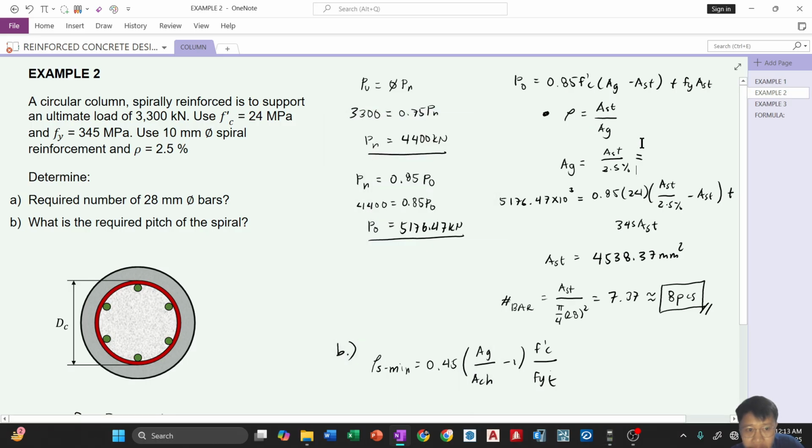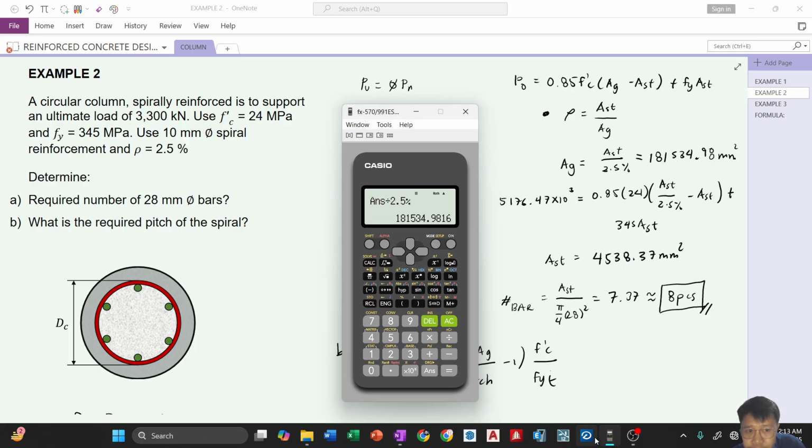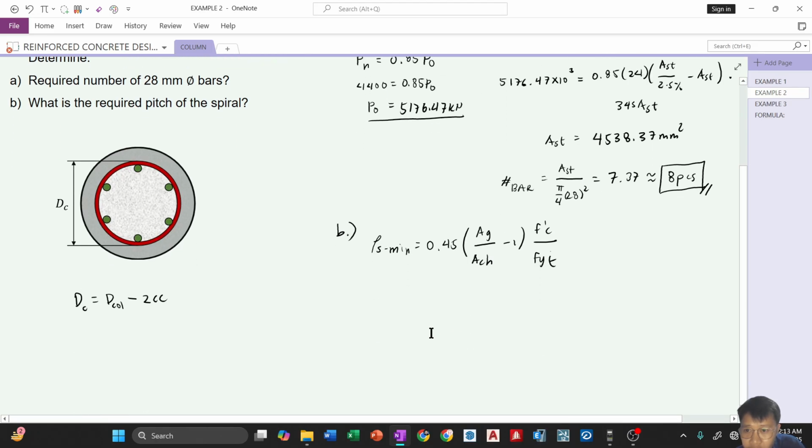Okay? And the value of the AG is now 181,534.98 mm square. Right? Meron na tayo ditong gross cross-sectional area. Alright? So, ngayon, gusto nating malaman yung magiging diameter nitong concrete column natin. So, para makuha natin yon, kunin natin ano ba ang area ng column natin.